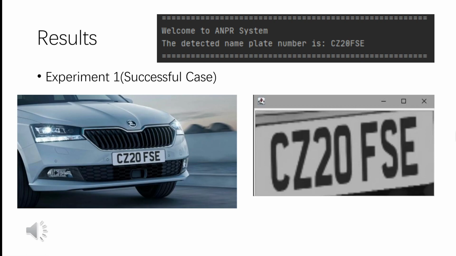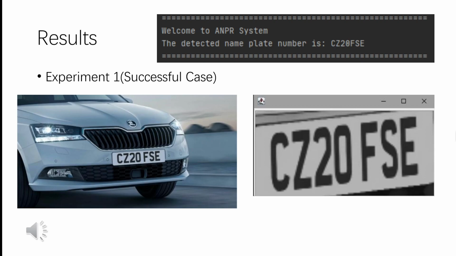In our first experiment, we're going to use the picture shown in the previous section to test our ANPR program. In this experiment, I used the figure above as the image input. The ANPR program should be able to capture and crop the number plate and output the correct value of the number plate.